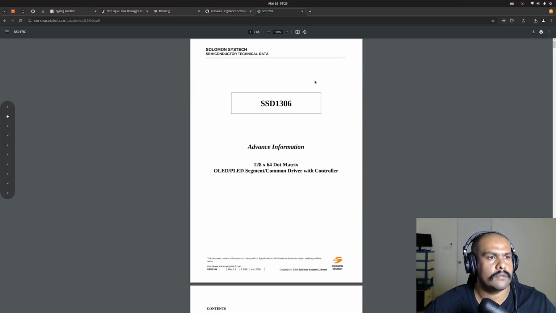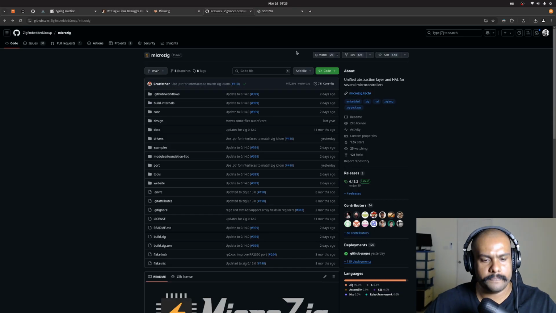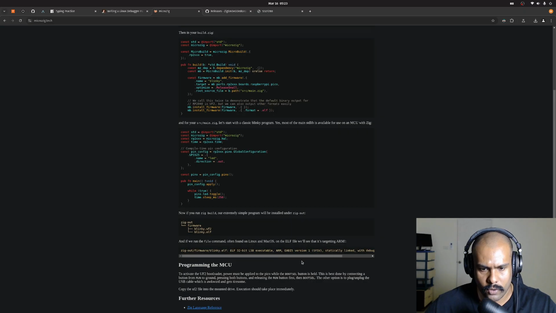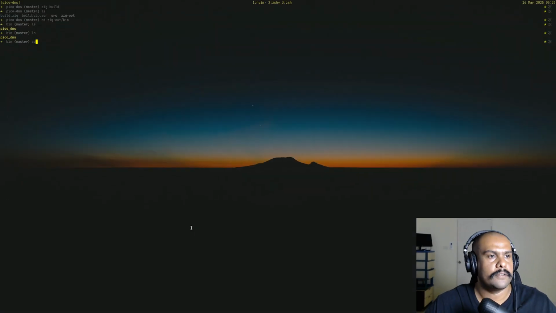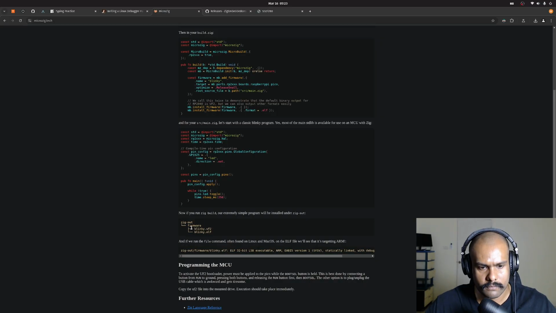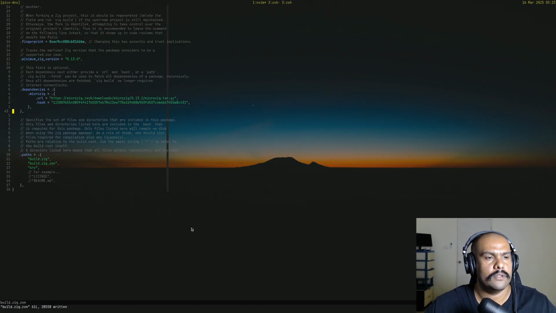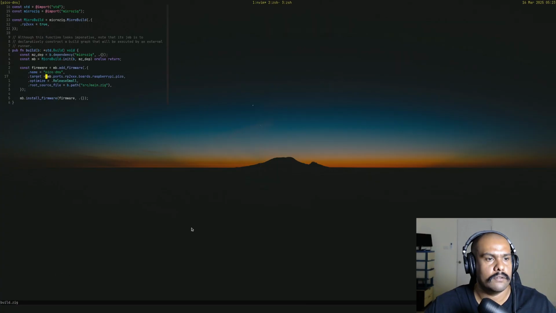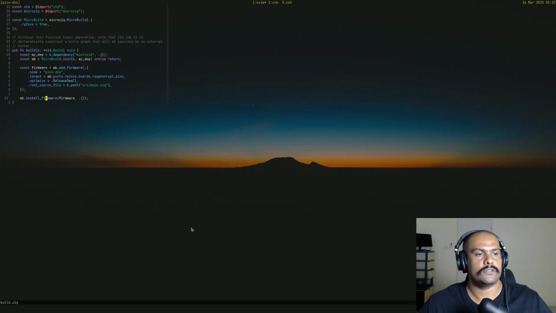Is that it? I think it's supposed to output a UF2 file. Oh, it's in firmware. Okay. Why did it not have any LF? Okay, because let's remove that line. Okay, should be good.